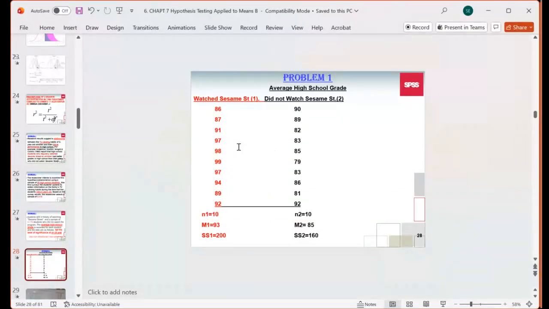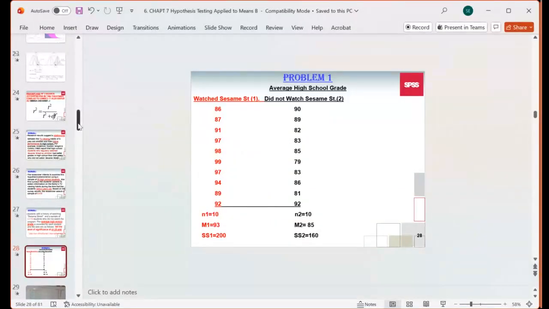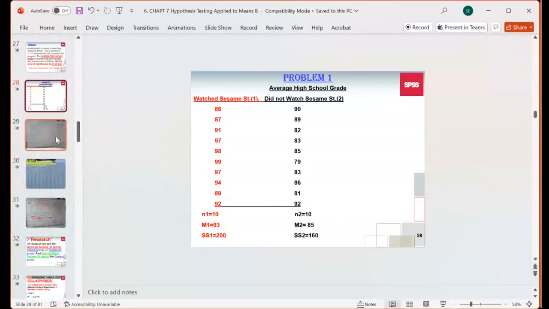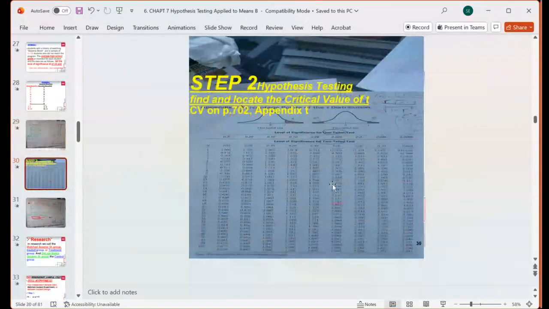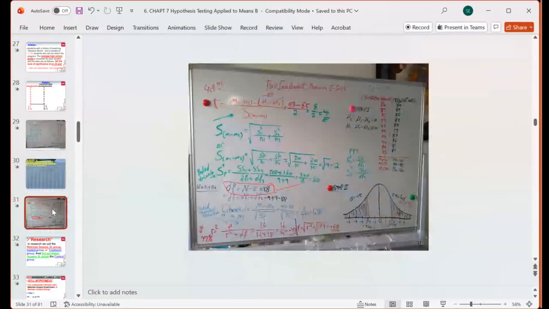We're going to test this hypothesis, and this is all the formula we need, and this is our critical value. First things first, we need to go over our hypothesis testing, and that's what we're going to do.